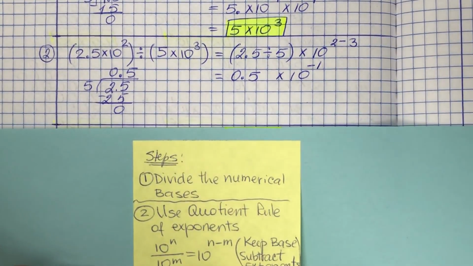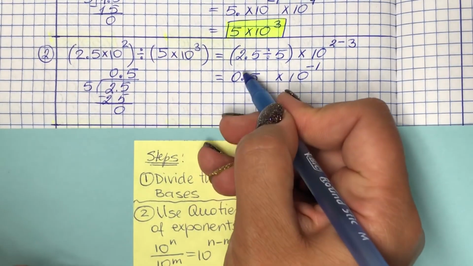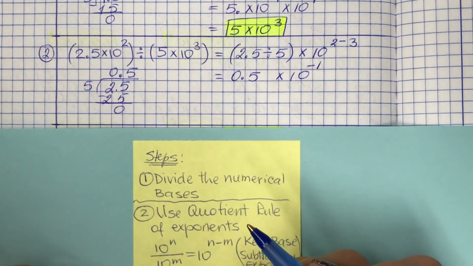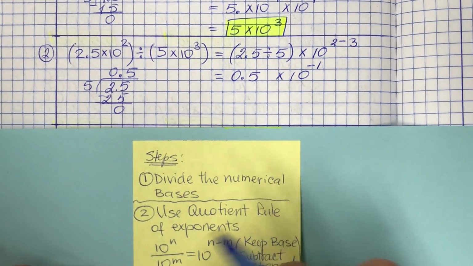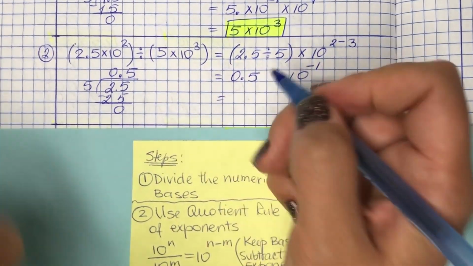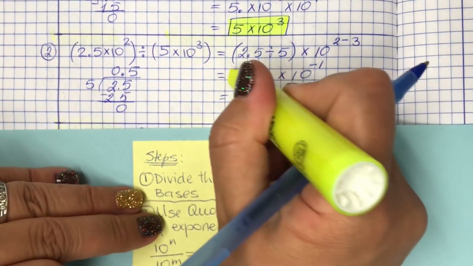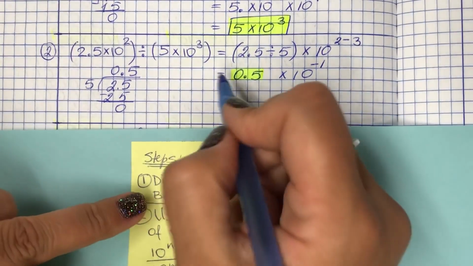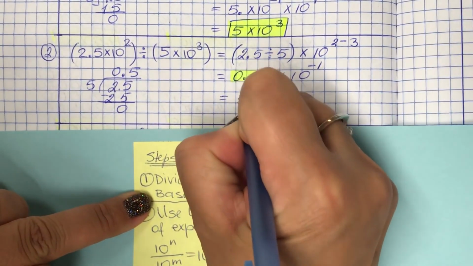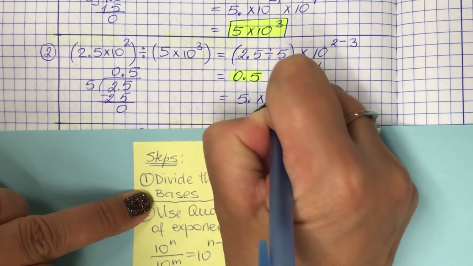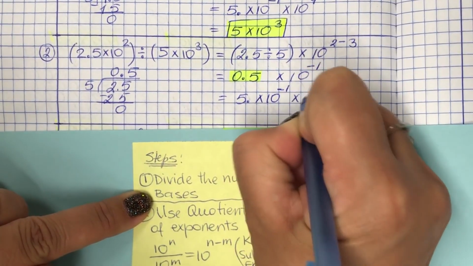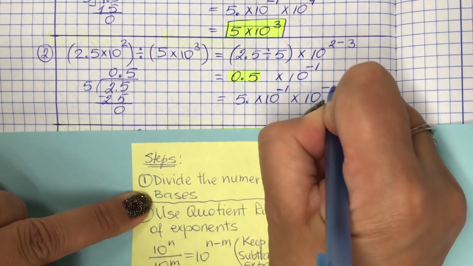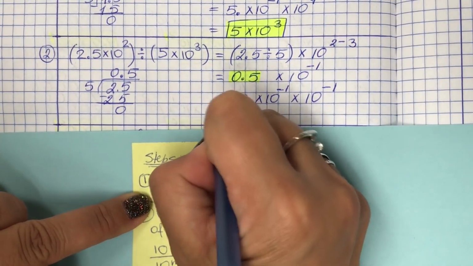Check to make sure the solution is in proper scientific notation. So I can't have a 0 point. That means that I have to change this number to 5 point, and 5 tenths is 10 to the negative 1st, multiplied by the previous 10 to the negative 1st.